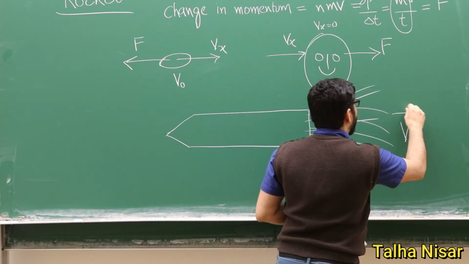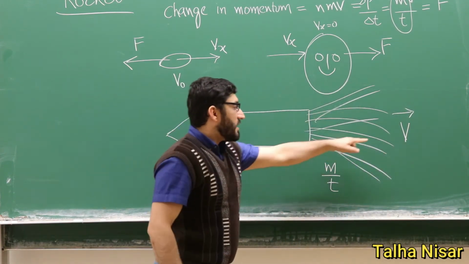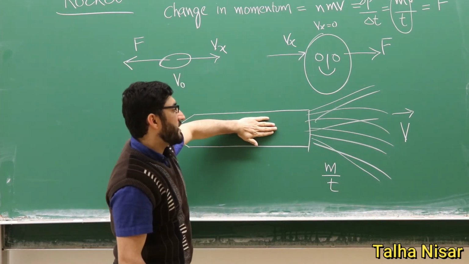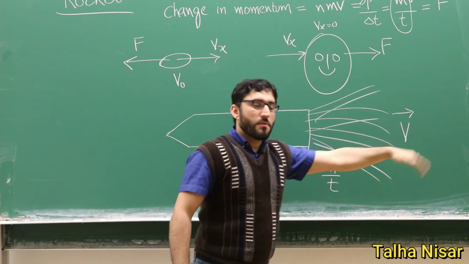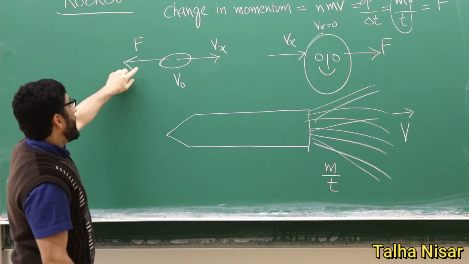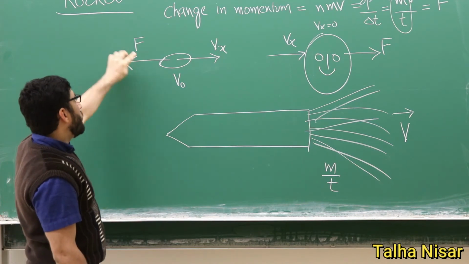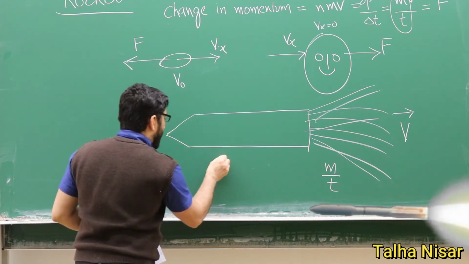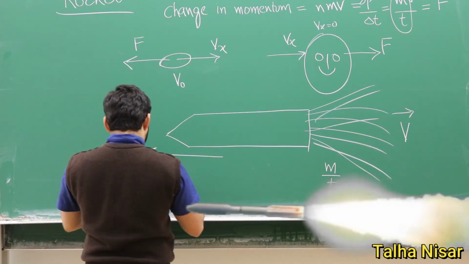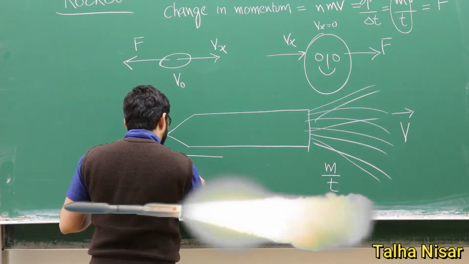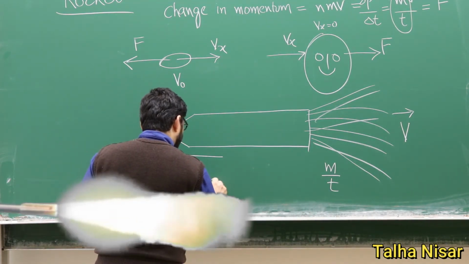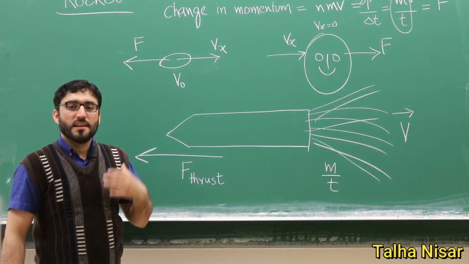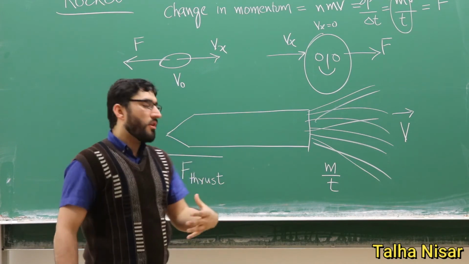Initially the velocity of this gas was 0 when the material was inside, and when it is thrown in this direction there is a change in velocity, and according to Newton's third and second laws, this rocket will feel a force in this direction, and this force is called the thrust force. So this is the physics behind the rockets. That's how the rocket is working.